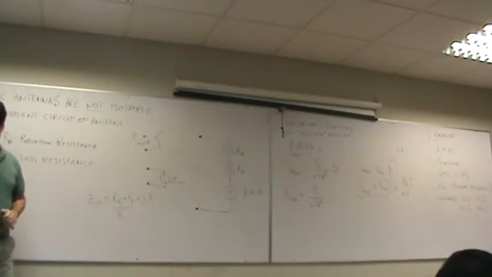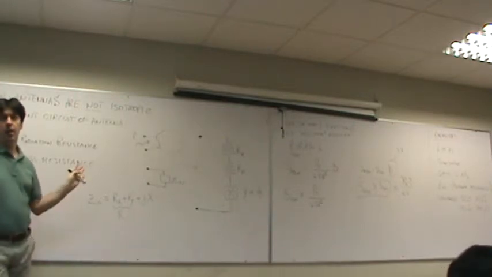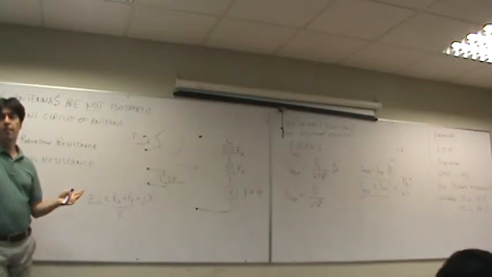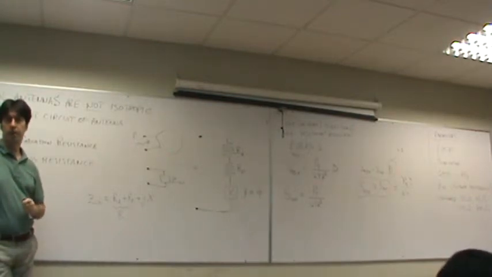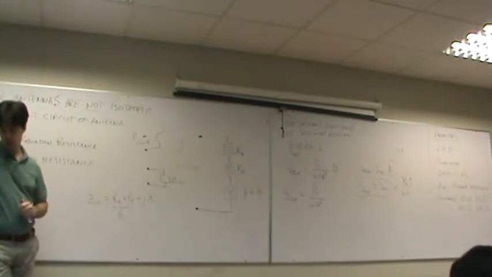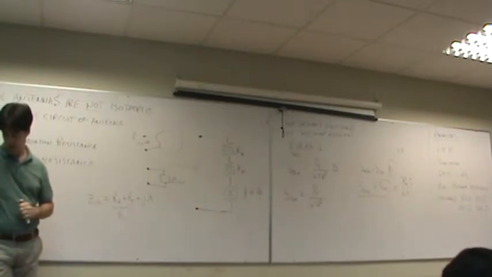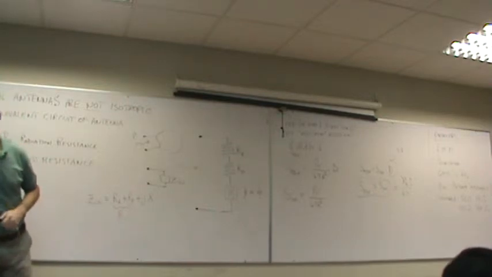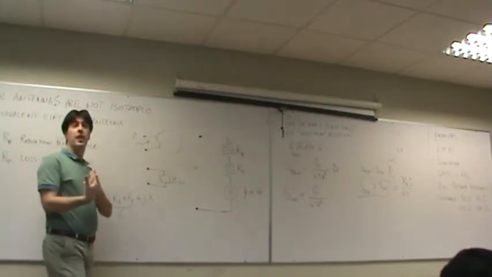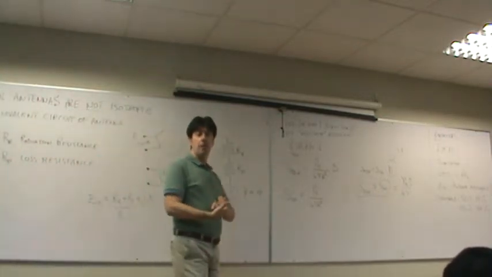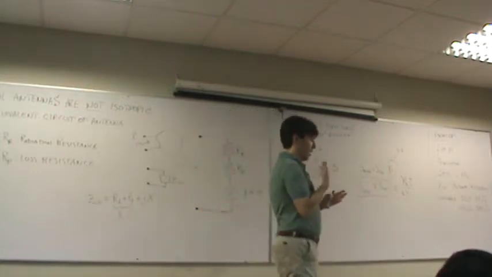In your career, I think that 99, maybe not, but 95% of the time you will find 50 ohm as a standard impedance for antennas. 75 in some cases. What happens if the impedances are not the same?